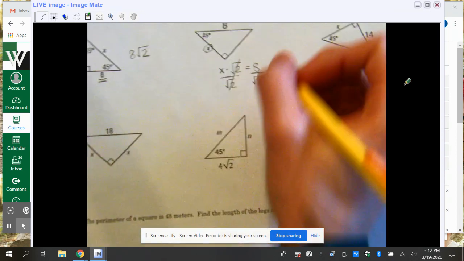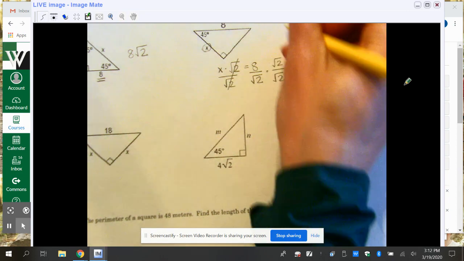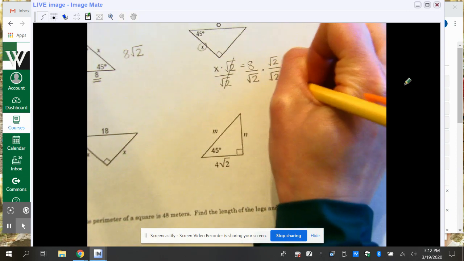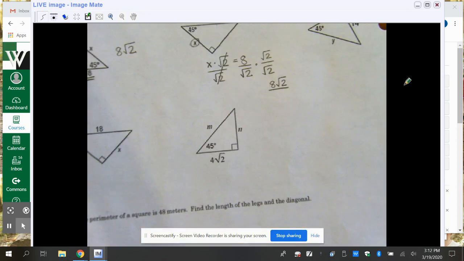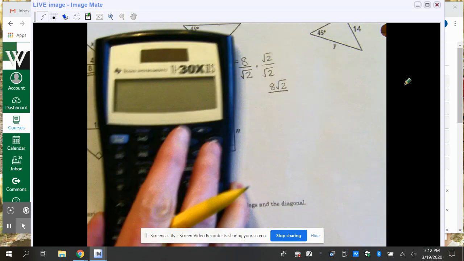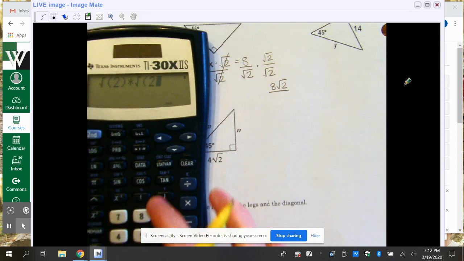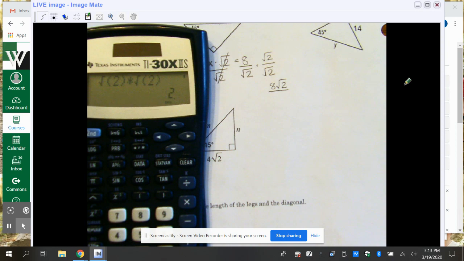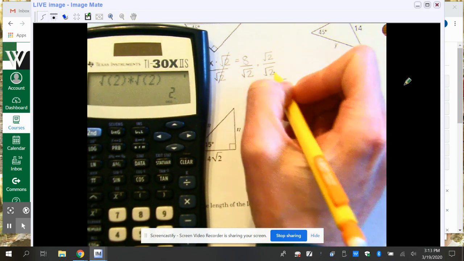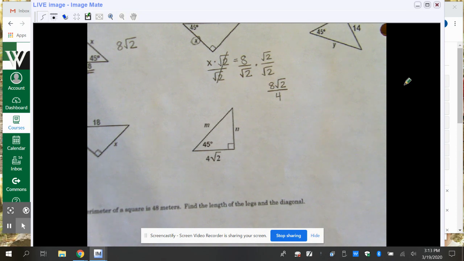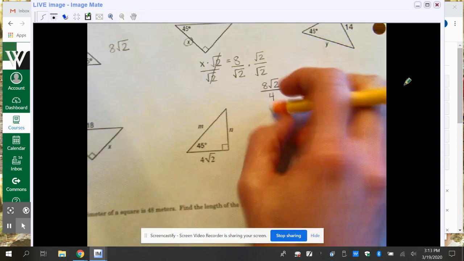So now, in my numerator, I have 8 radical 2. And when you take the square root of 2 times the square root of 2, the radicals cancel out, right? Because that's going to be the square root of 4. The square root of 4 is 2. I'm sorry, that should be a 2, not a 4.